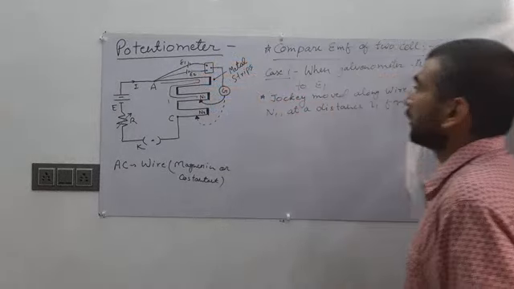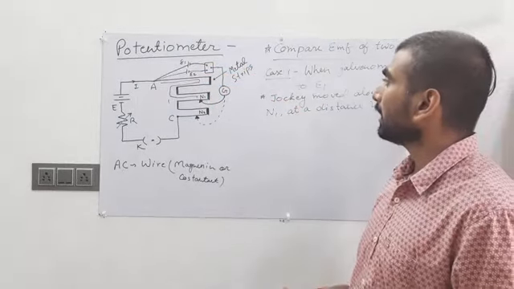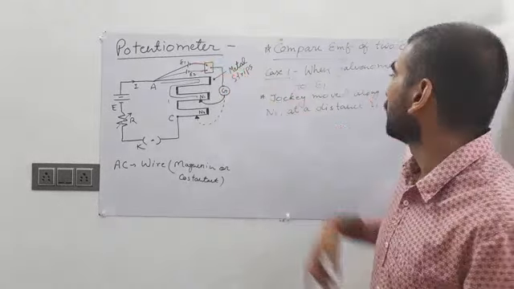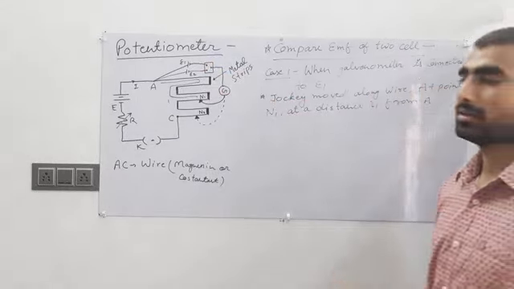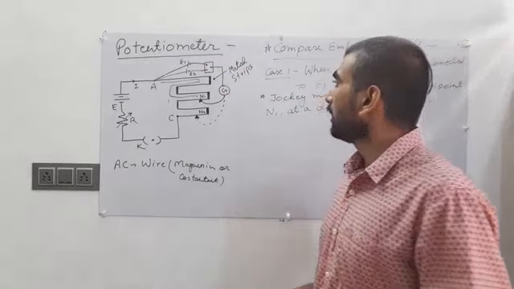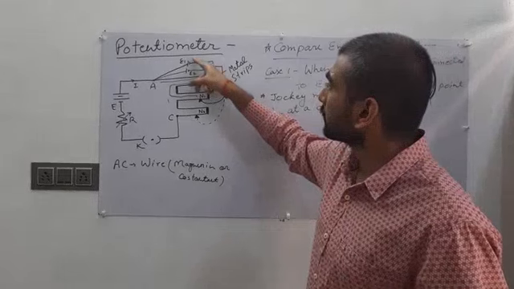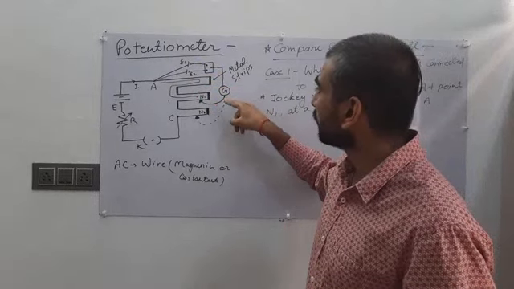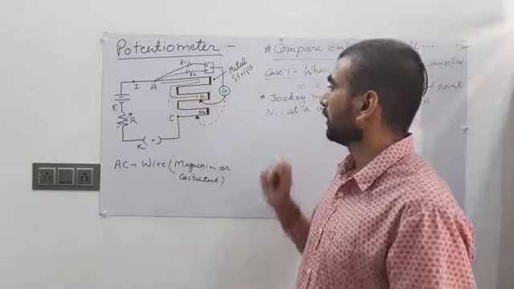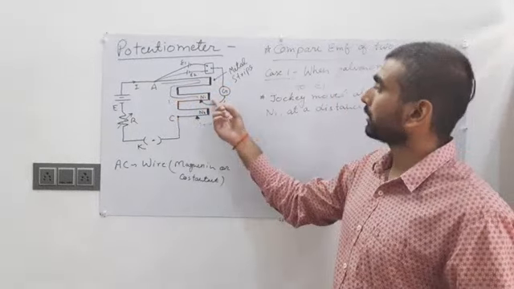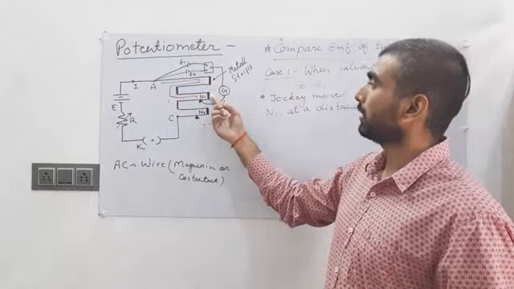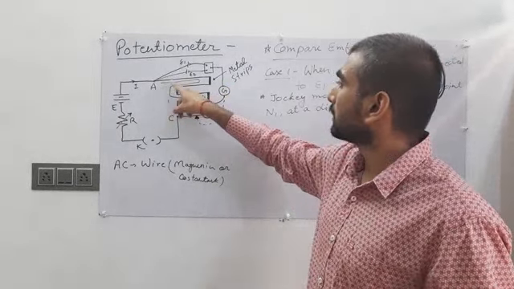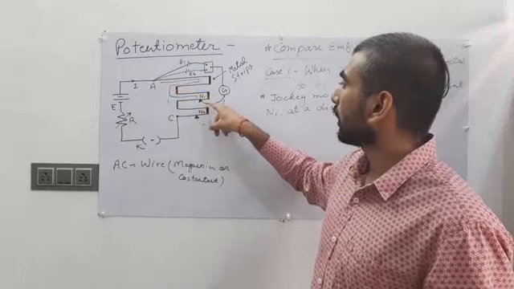Now, our first case is when the galvanometer is connected through E1. A jockey connected with the galvanometer moves along this wire. Assume at a point N1, the distance from A to N1 is L1.